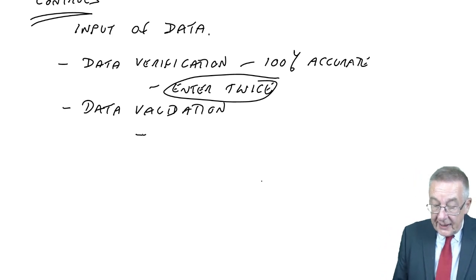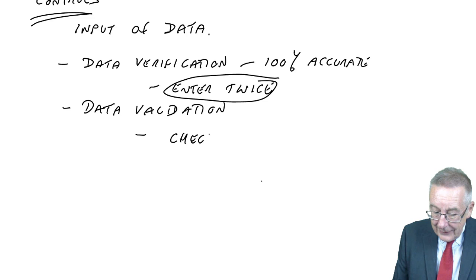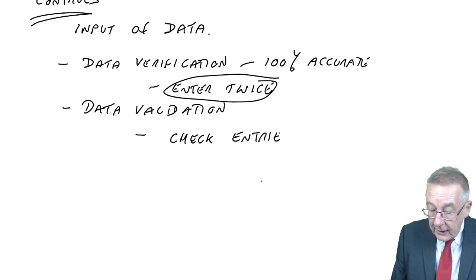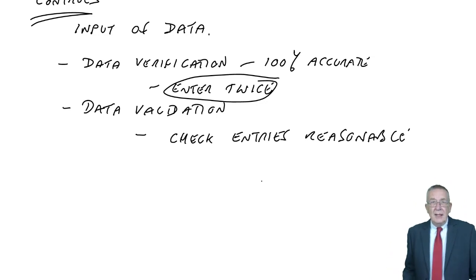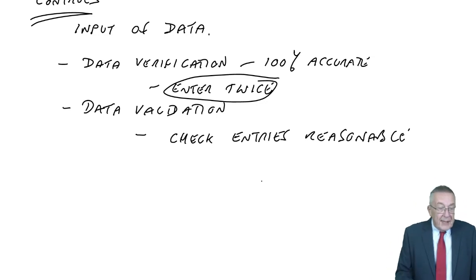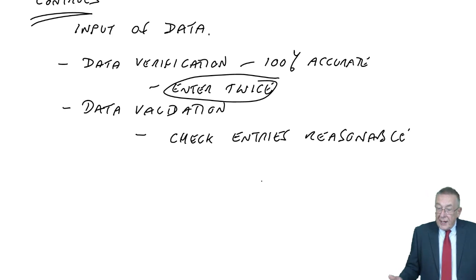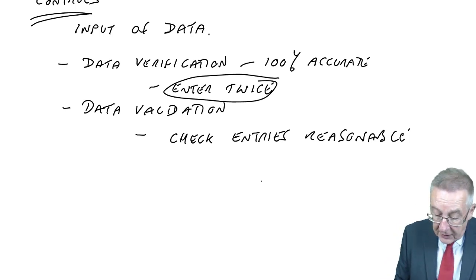And what this is doing is checking that the entries are what you might call reasonable, sensible, possible. Just one example, you'll see there a list of them, but format checks.